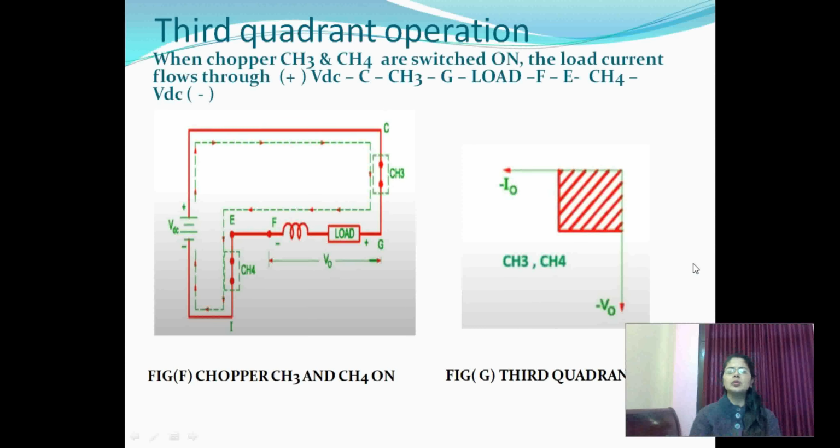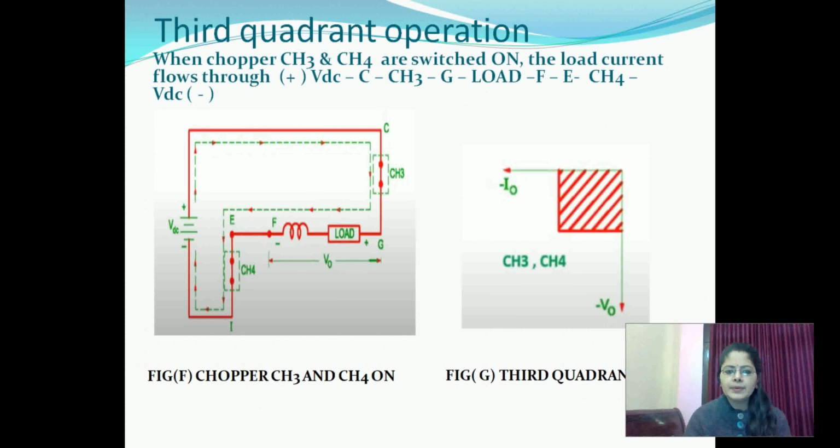Next is the third quadrant operation, when choppers CH3 and CH4 are switched on. The circuit looks like this when this CH4 and this CH3 are switched on. The current flows through the VDC, through C, through this G, through the load, through F, through E, then CH4.